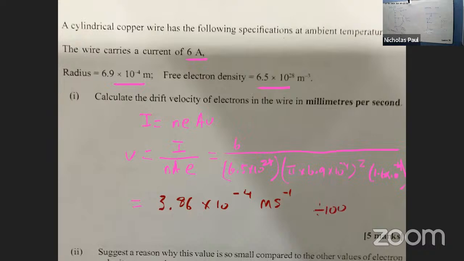How much did you get? 0.38. That's the amount of millimeters in a second. So it's just a straight plug in, but you have to pay attention to the unit that they give you.